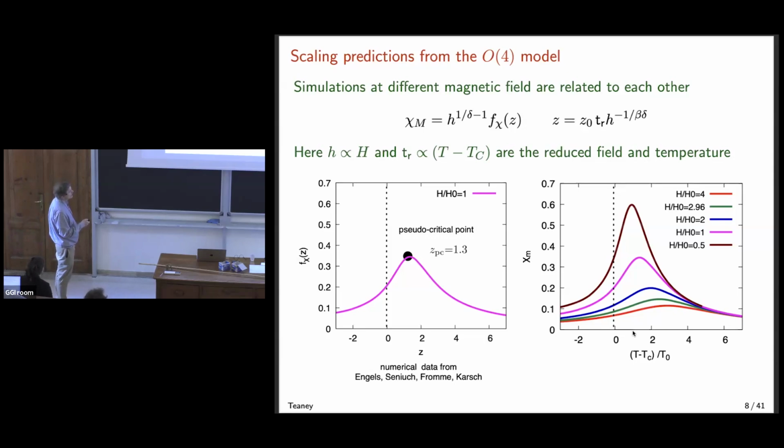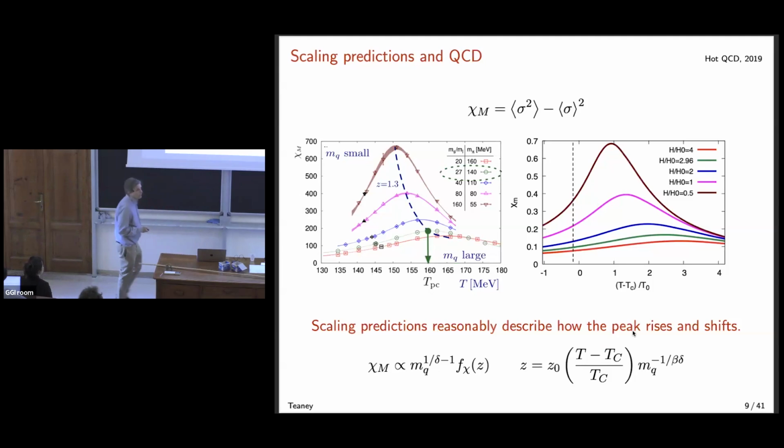And so if you actually simulate this on your laptop, you will find these curves showing exactly how the fluctuations in the magnetization depend on the quark mass, the magnetic field, and also the reduced temperature. You can just take these curves, which were found a long time ago, and plot them on the same scale as the lattice.